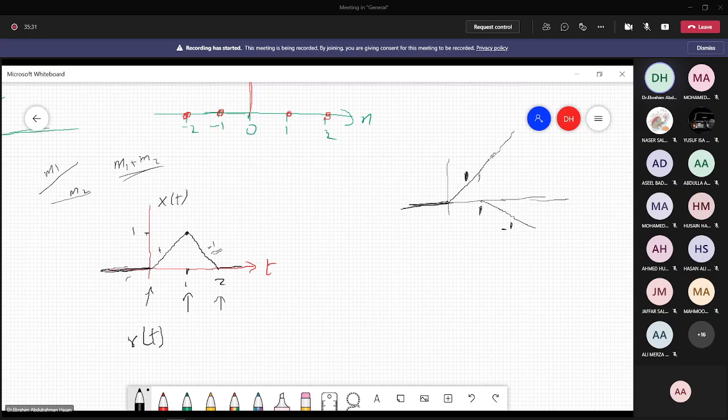So to get -1, I have to change this line to slope -2. This is 1 and this is -2. If you add these two together, you get a line with slope equal to -1. What is this one? This is -2 ramp of t starting at 1, so -1.